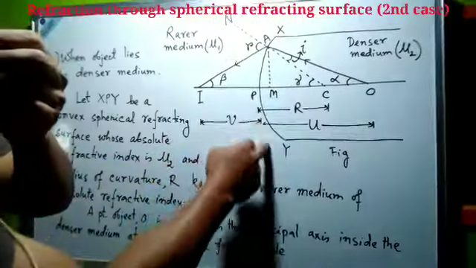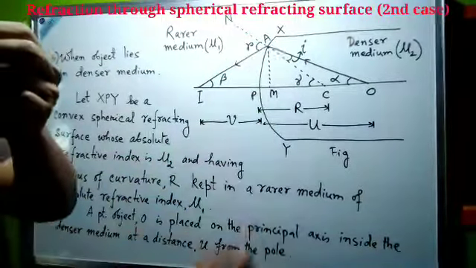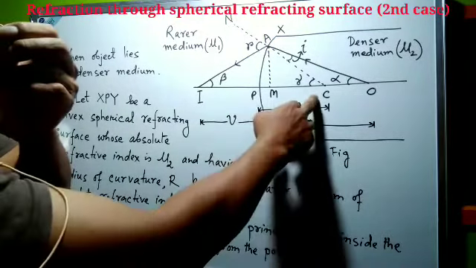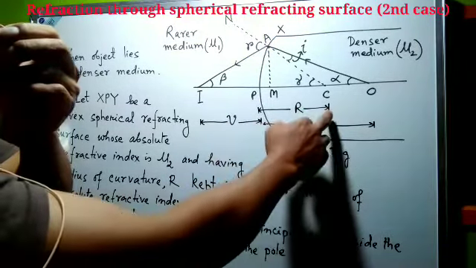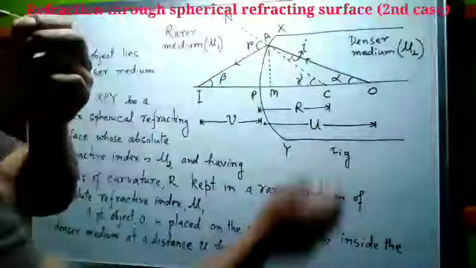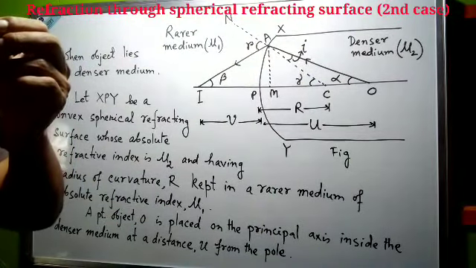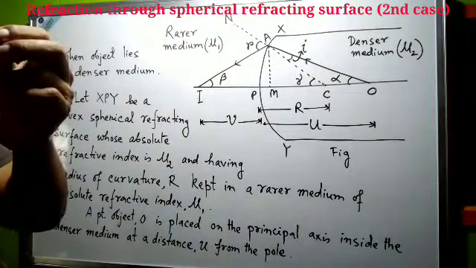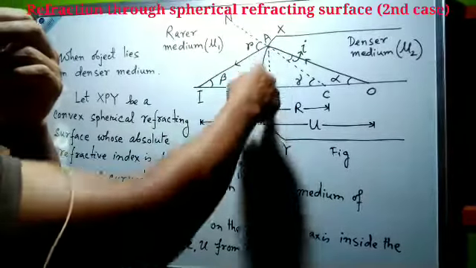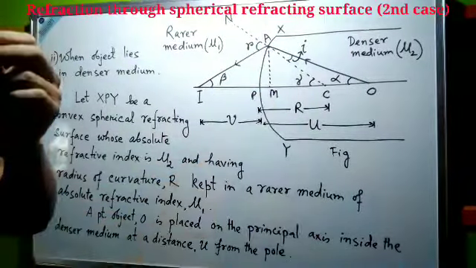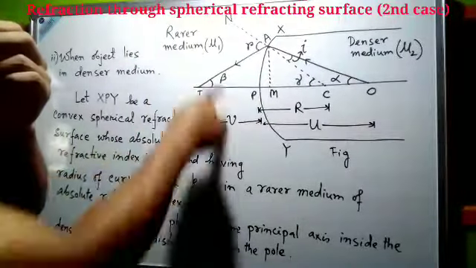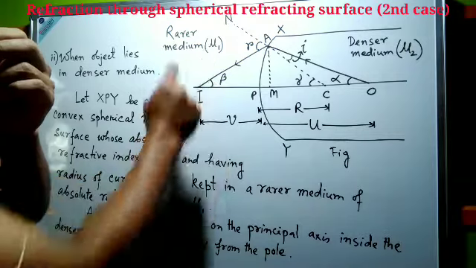Here XPY represents a convex spherical refracting surface and R represents radius of curvature, that is the distance of center of curvature from the pole, and mu2 represents absolute refractive index of the material of the spherical refracting surface, and this spherical refracting surface XPY is kept in a rarer medium having absolute refractive index mu1.